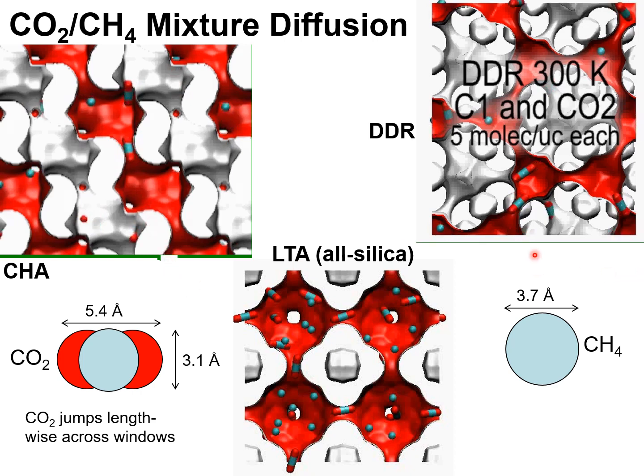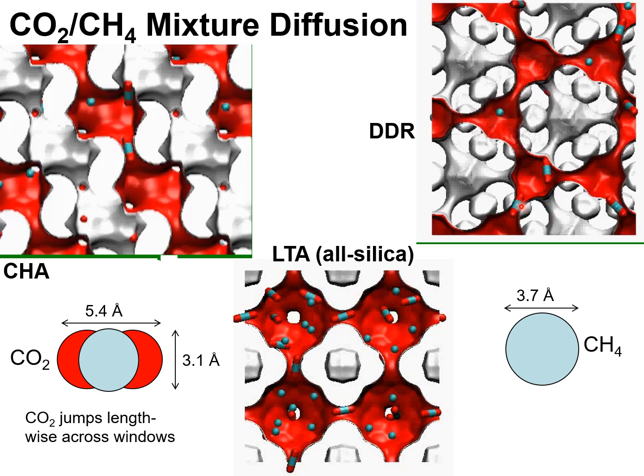This is for DDR. You can see the preferential perching of CO2 at the window regions. It stays at the window regions for a considerable amount of time before entering either of the adjacent cages.